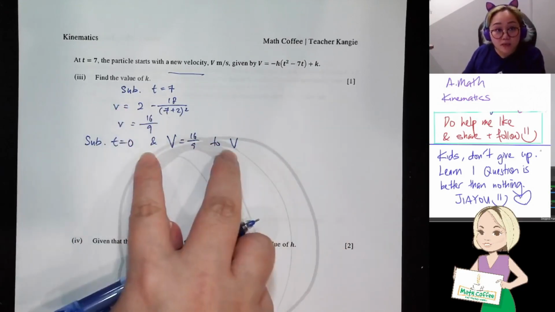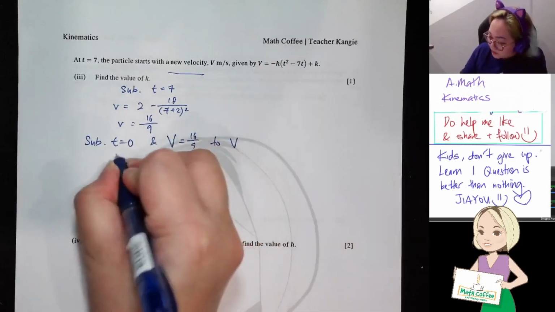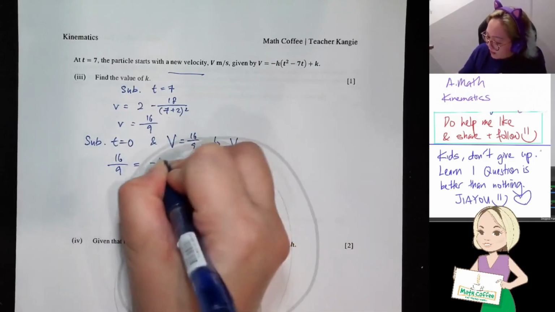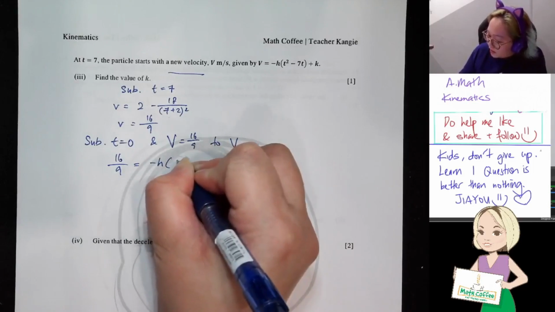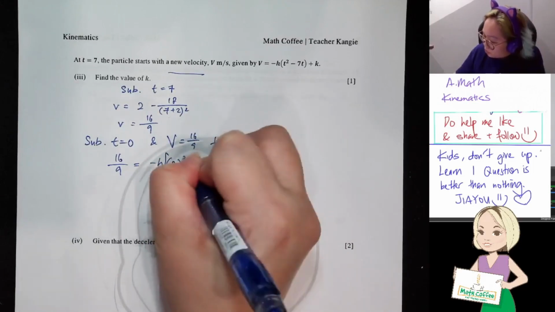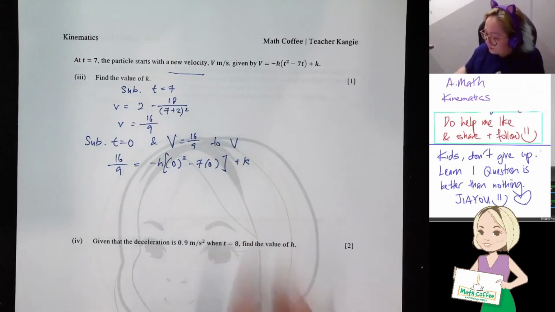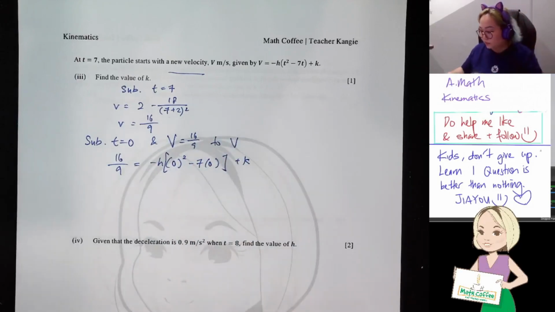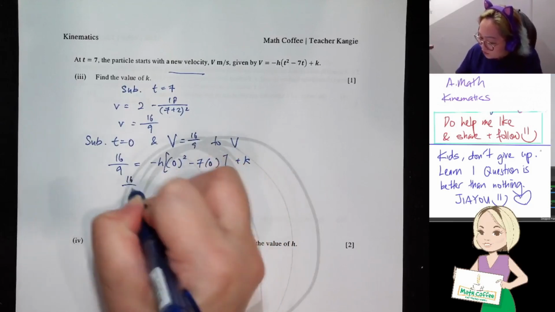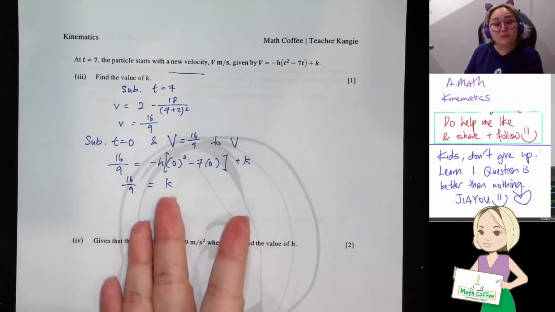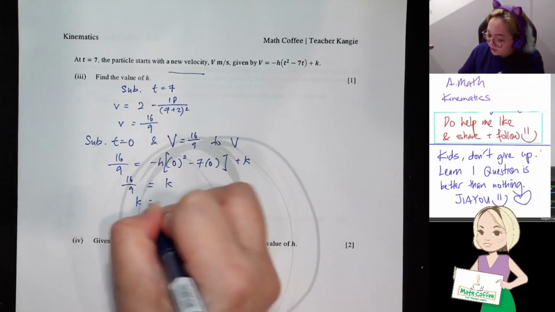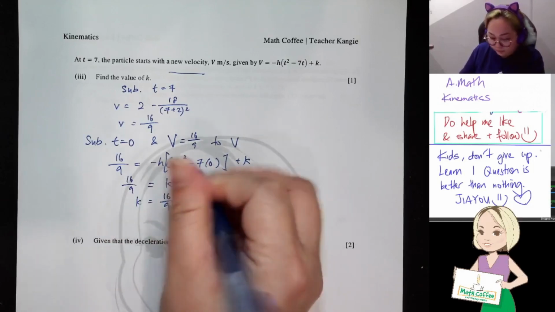Now it's big V. So now it becomes 16 over 9 equals minus h times 0 squared minus 7 times 0 plus k. So in this case, my 16 over 9 equals my k. And we are done. Therefore, k is actually equal to 16 over 9.